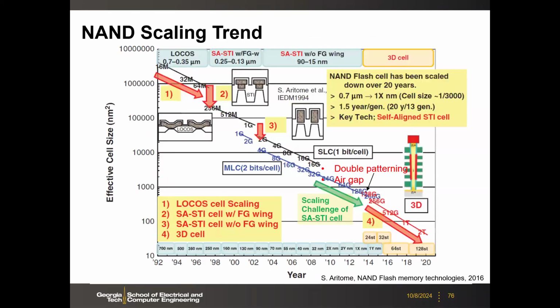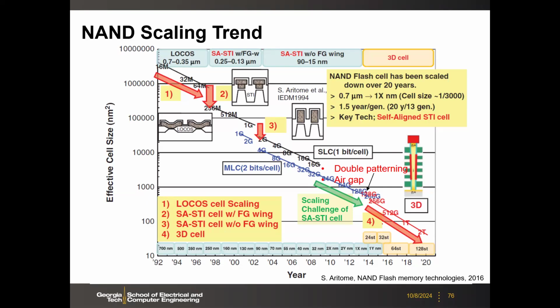So here, this is a scaling trend again. In terms of the equivalent cell size, you see the last few generations of the 2D NAND effective cell size. This is all SLC. When we talk about the cell size here, we didn't account for the higher density due to the multi-level operation. So here we just talk about the actual geometry.